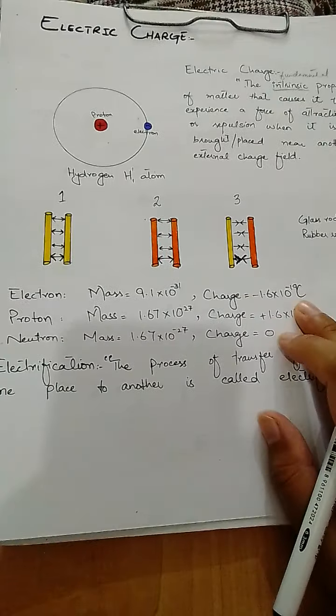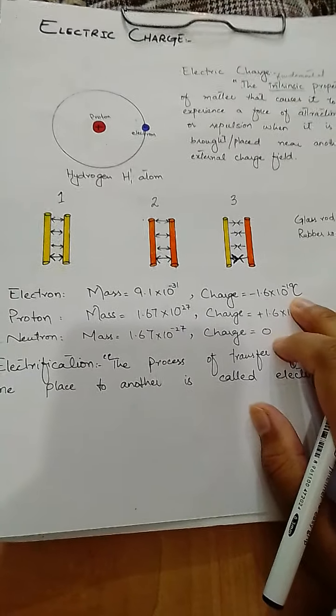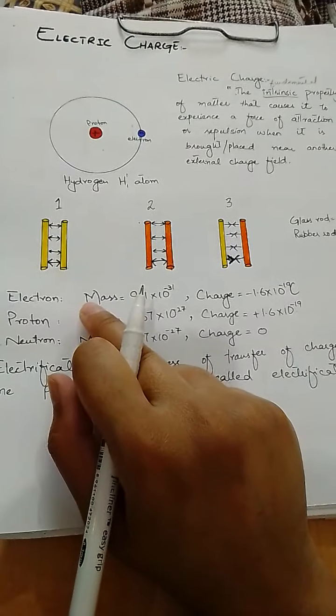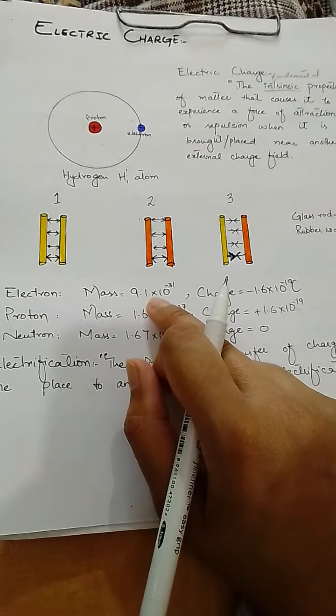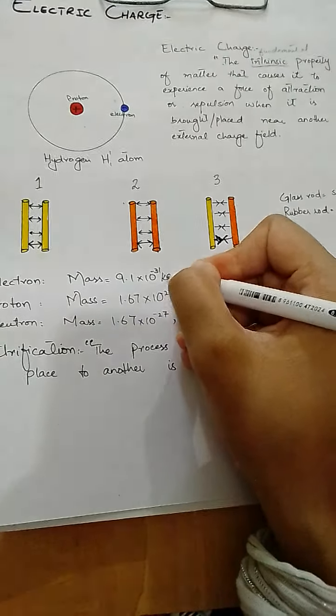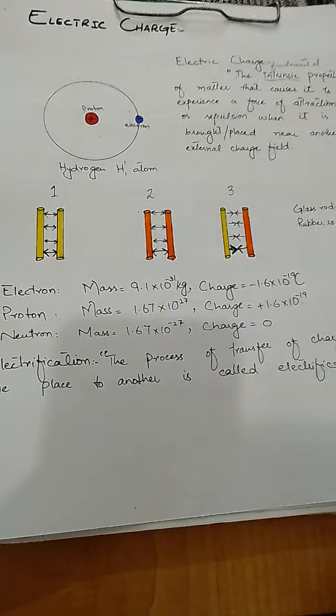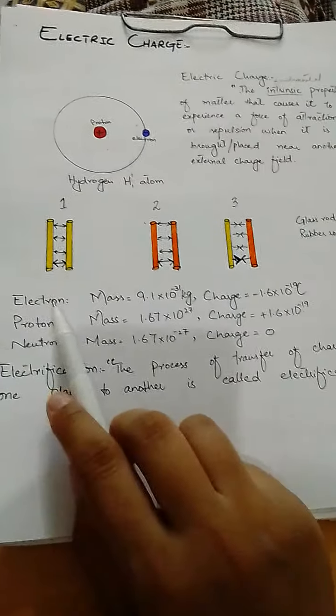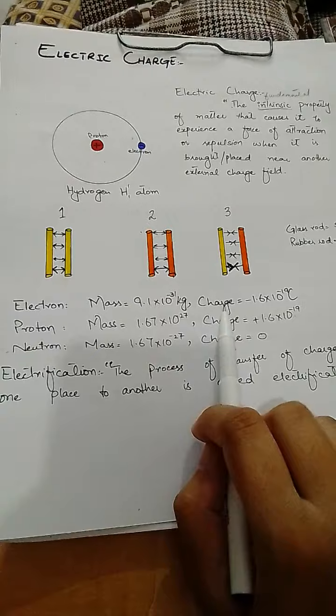Coulomb is the unit of charge. All right. Coming to the mass, electron has a mass of 9.1 into 10 raised to the power minus 31 kgs, right? So electron has both mass and charge at the same time.